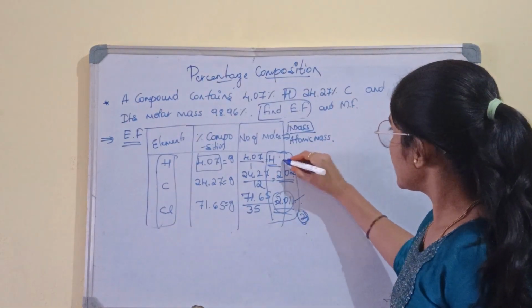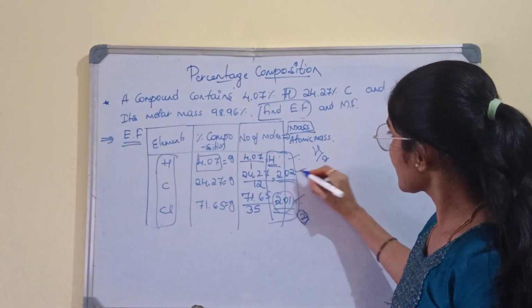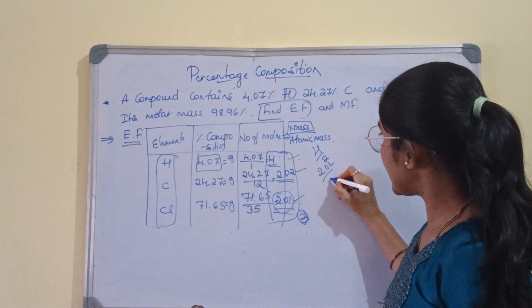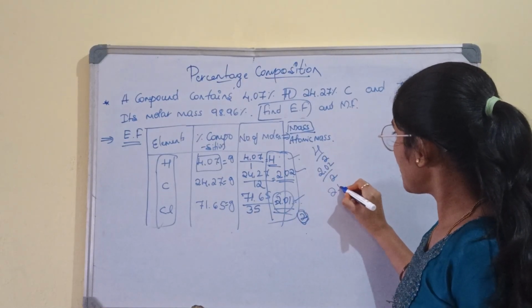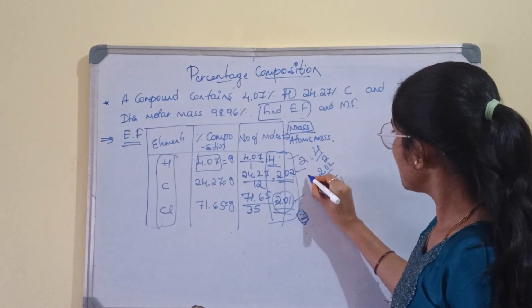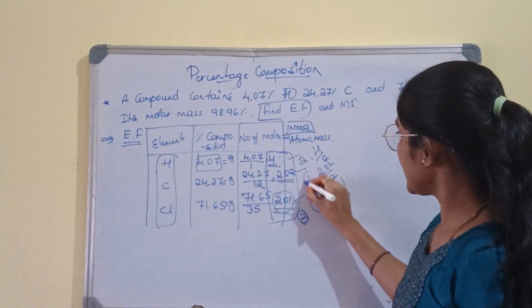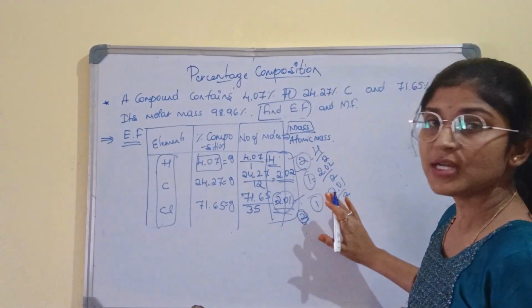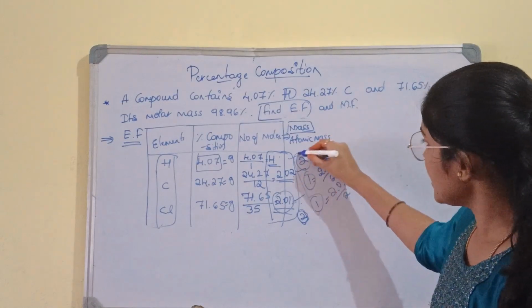If you divide 4 by 2, 2.02 by 2, 2.01 by 2, you will get 2, 1, 1. So these are the ratio.